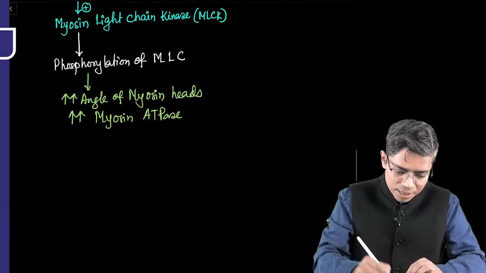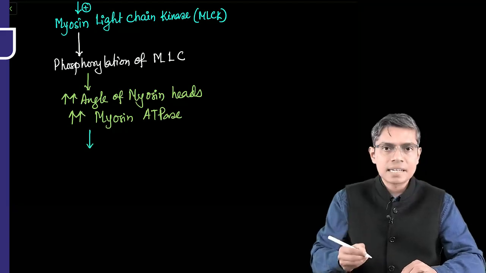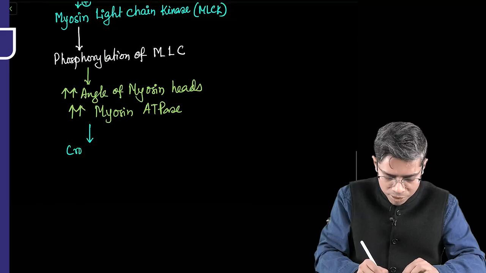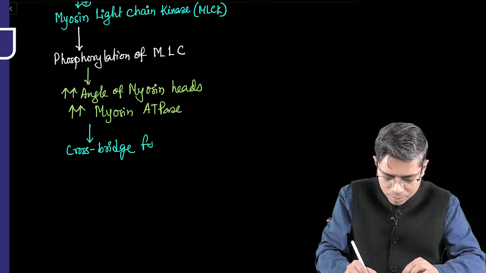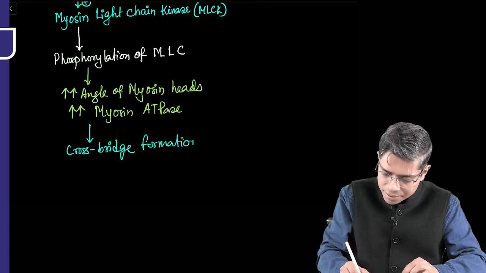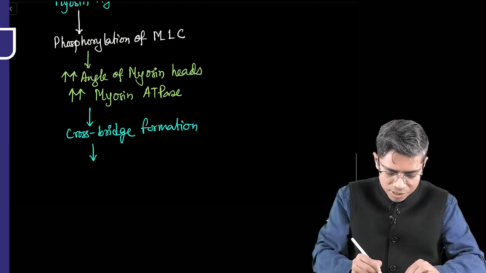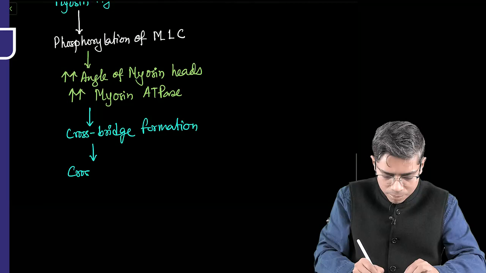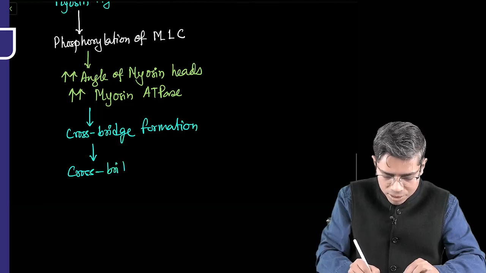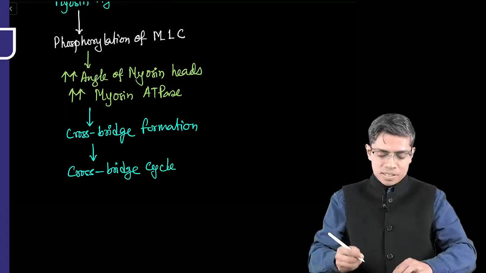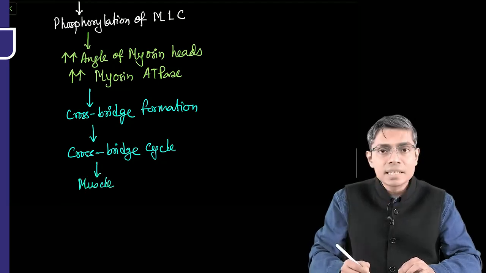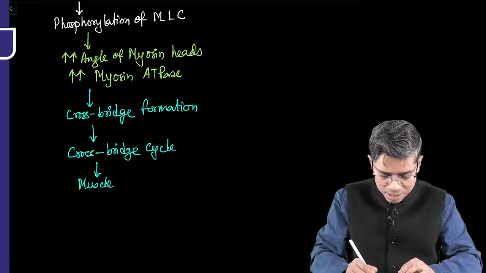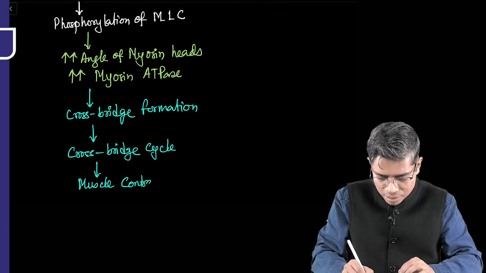Now just after this increase of angle and ATPase activity, there will be cross bridge formation, right? And after cross bridge formation, we know there will be cross bridge cycle generation, and cross bridge cycle generation is nothing but muscle contraction. So this cross bridge cycling is similar to that of the skeletal muscle and cardiac muscle. It will lead to muscle contraction.